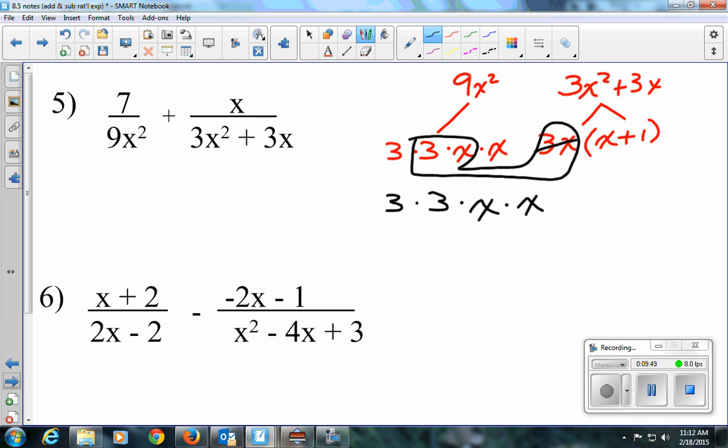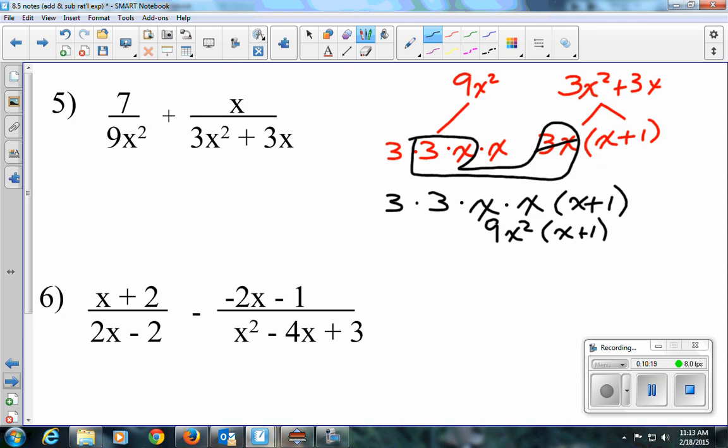So now I can skip to x plus 1. Everybody with me on that? Does that make sense? We just did the same thing we did before. You factor it. Factoring is wonderful. It helps you make good decisions. So our final, all these single terms, I can multiply those together, and I get 9x squared times x plus 1 is going to be my greatest common factor.